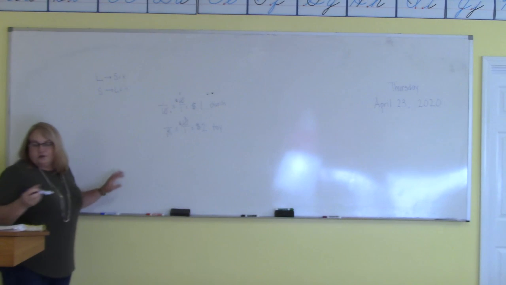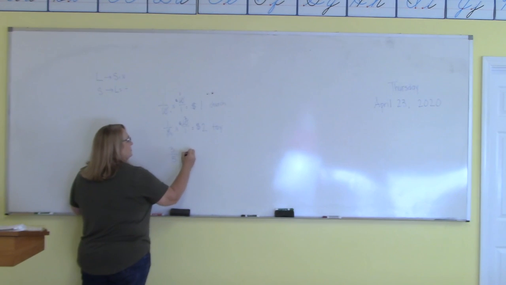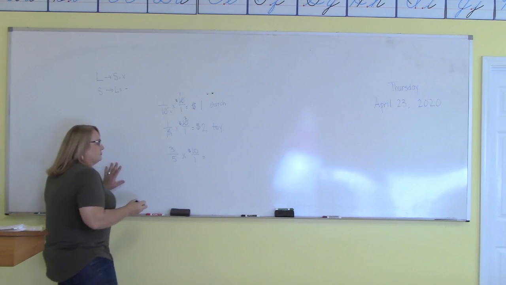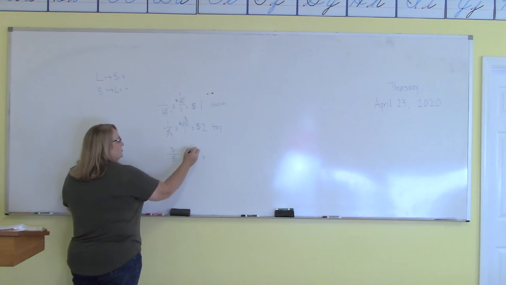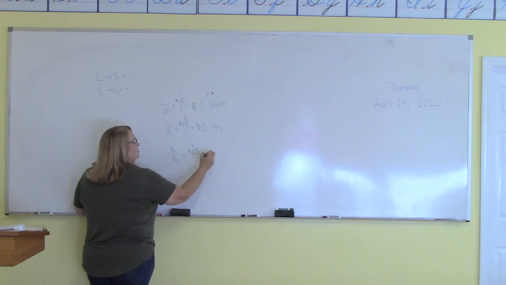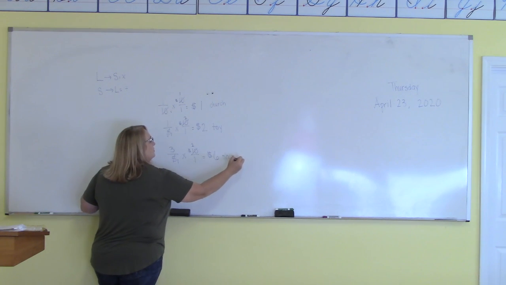Then he spent 3/5 of the $10 on a shirt. 5 divided by 5 is 1. 10 divided by 5 is 2. 3 times 2. He spent $6 on a shirt.